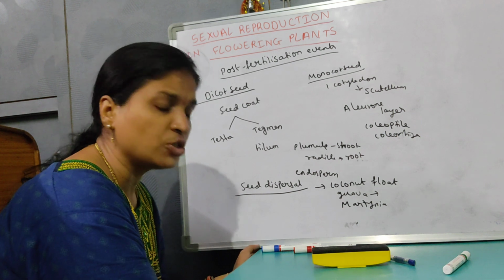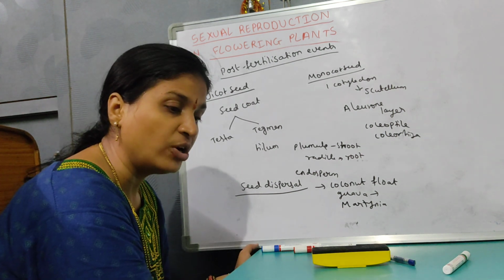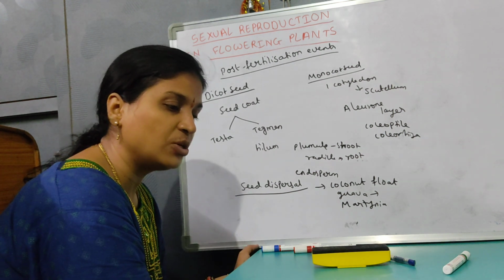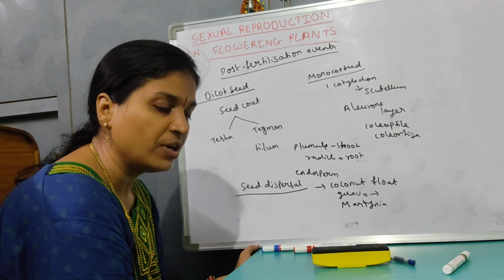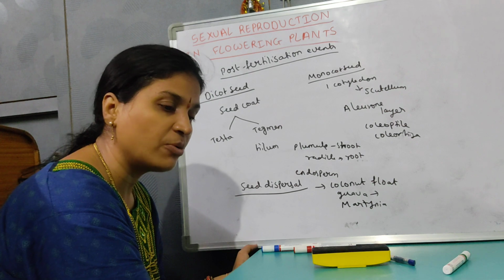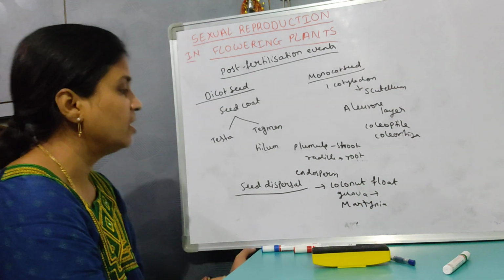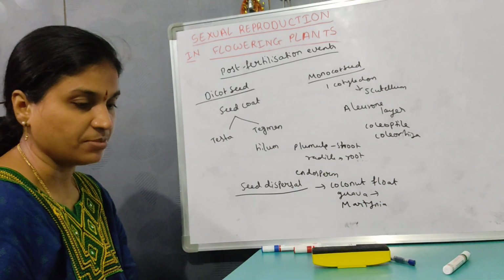Seeds of guava eaten by birds are not digestible, but the hard seed coat is partly softened. The fruits also attract animals by providing food for the dispersal of the seeds. Like this, seed dispersal takes place.